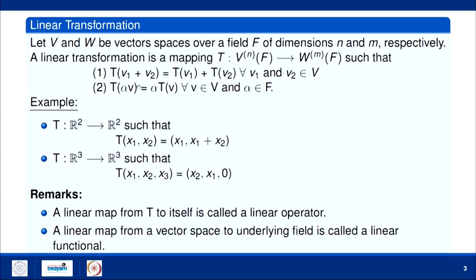The second condition is homogeneity. If you multiply a vector of V by alpha, where alpha is a scalar from the field F, then T of alpha V equals alpha times T of V, for all V belonging to the vector space V and alpha belonging to F. If this mapping T satisfies these two conditions, then we say that T is a linear transformation.